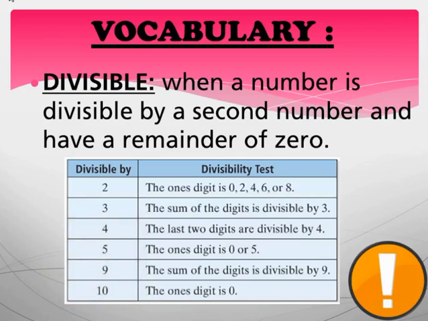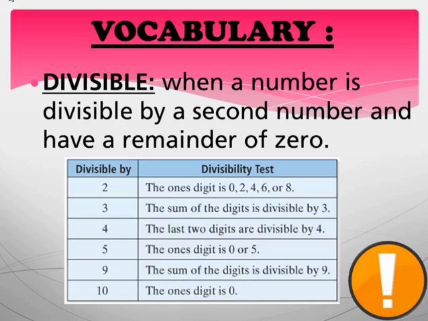To start, let's establish some vocabulary terms. The first vocabulary term that we're going to talk about is divisible. A number is divisible by a second number when dividing leaves a remainder of 0. So, for example, for numbers that are divisible by 2, the ones digit, or the last digit of a number, will end in 0, 2, 4, 6, or 8.